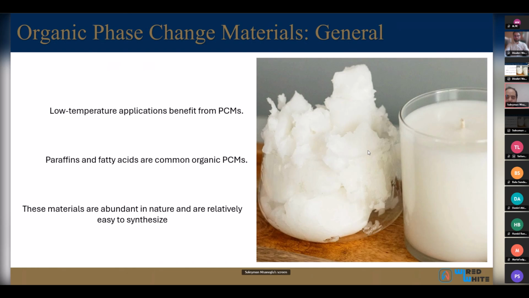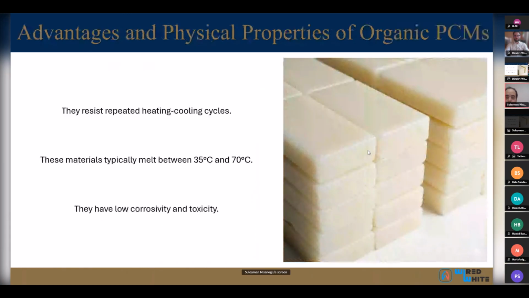Alkanes have the chemical formula of carbon and hydrogen, C_nH_(2n+2), while fatty acids are abundant in nature and relatively easy to synthesize. One of the biggest advantages of organic phase change material is high chemical stability, making them resistant to repeated heating and cooling cycles.